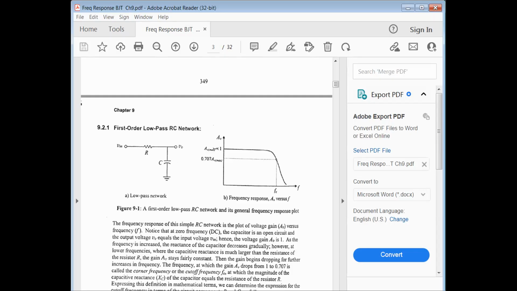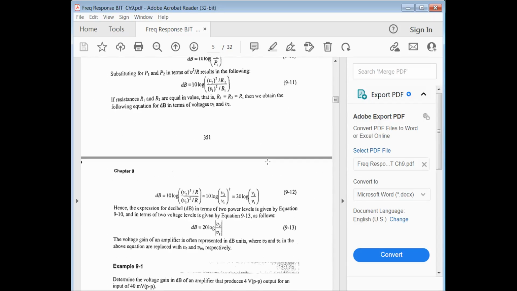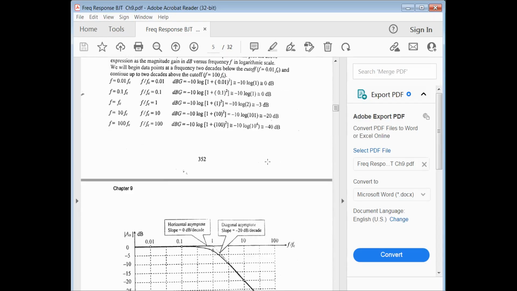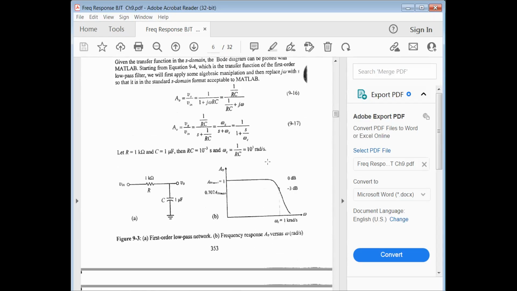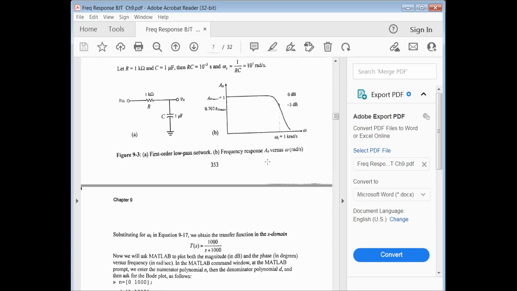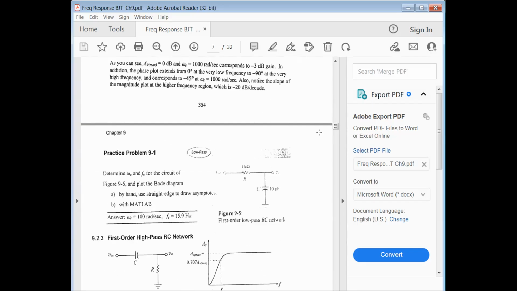So in this case, the mid-band gain is 1, and 0.707 times 1 is just 0.707. In this problem down here, it asks what the voltage is at the cutoff frequency. Well, it's 0.707 times the gain times the input. Let's see if I can find it.